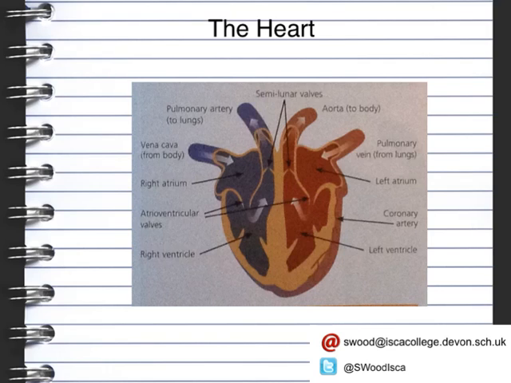Now, if we look at what happens during the heartbeat, we have blood coming in here through the vena cava into our right atrium. When it comes in, the atrioventricular valves are closed, and then when it's filled up, they open to allow the blood to go into the right ventricle.